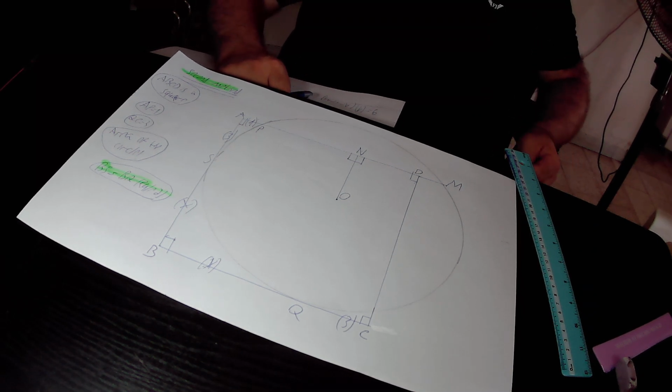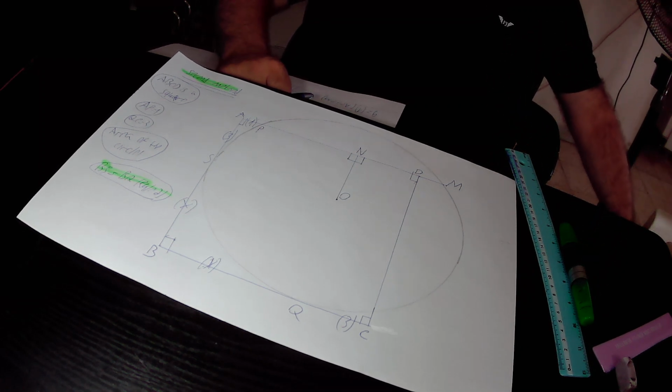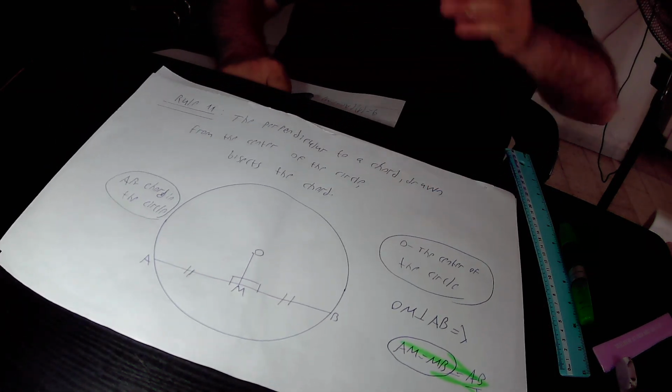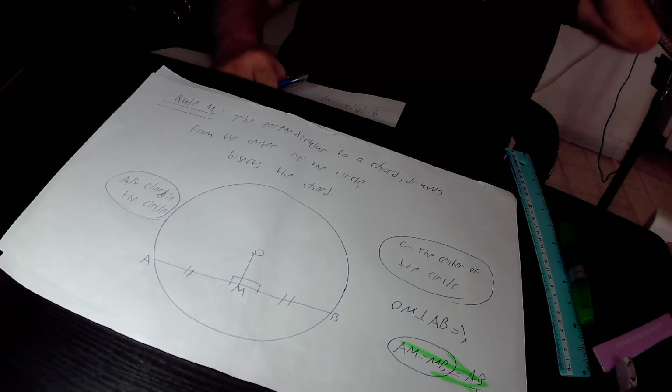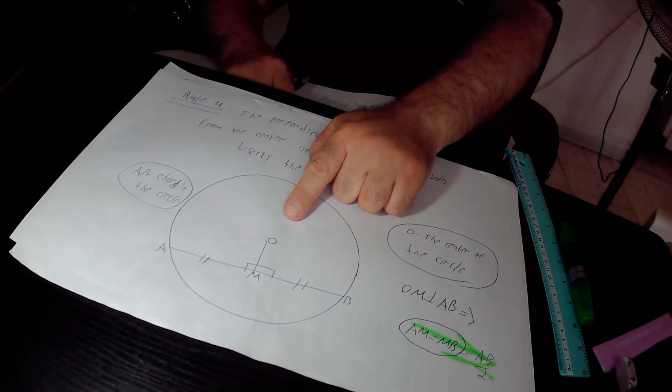And for that reason, we can implement here rule 11. So please click on rule 11. According to rule 11, the perpendicular to a chord drawn from the center of the circle bisects the chord. So in the drawing we have a circle. Point O is the center of the circle.